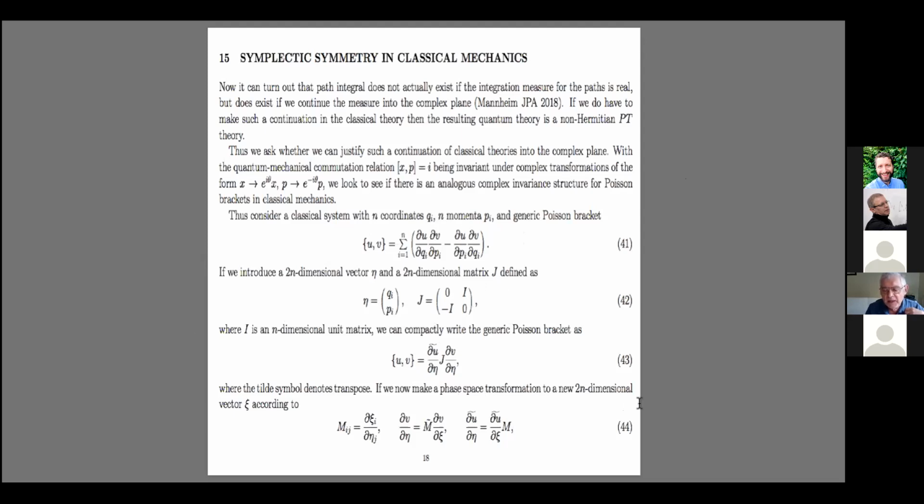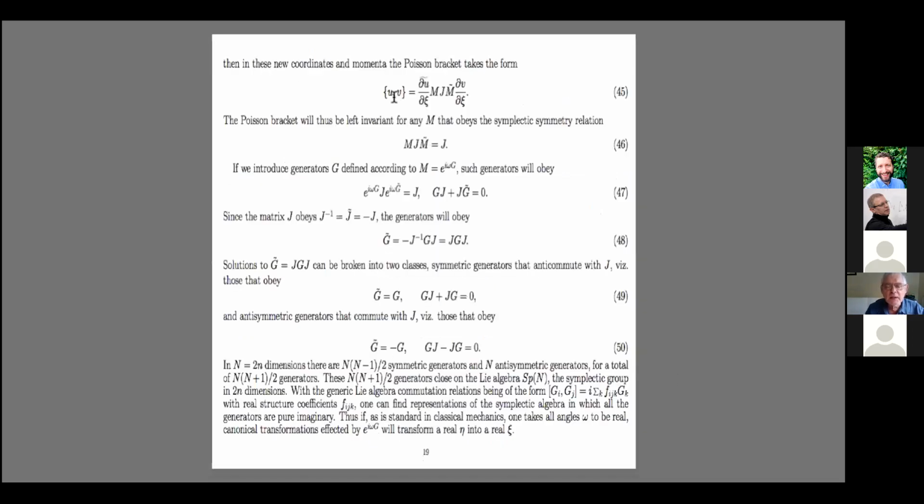Now we make a phase space transformation to a new 2n-dimensional vector zeta by this transformation, M_ij is d zeta_i / d eta_j. Then we find that the new transformed Poisson bracket is du/d zeta, M J M transpose, dv/d zeta. The Poisson bracket will then be left invariant for any M that obeys M J M transpose equals J.